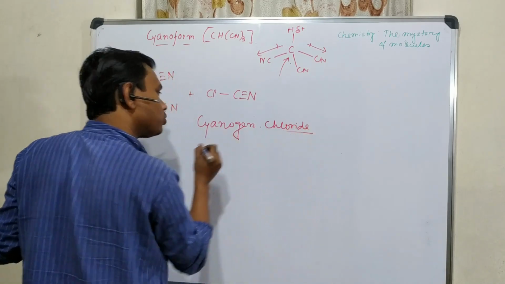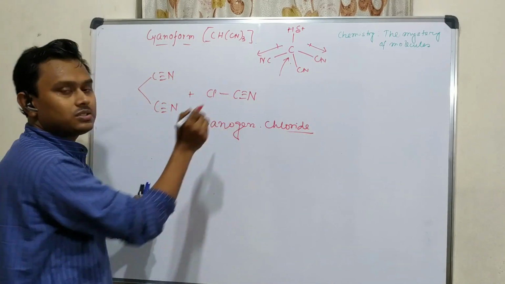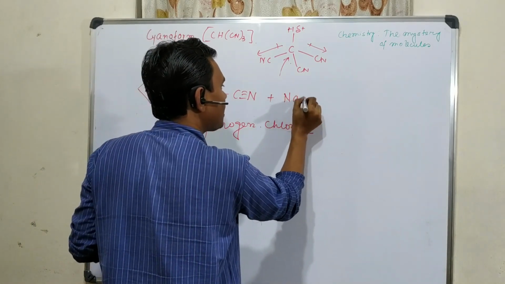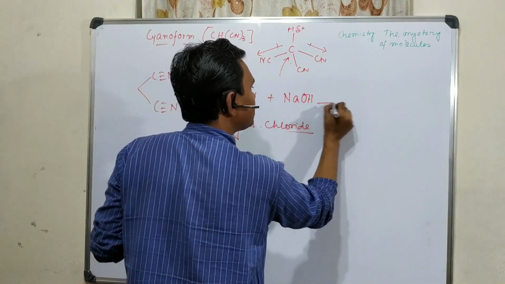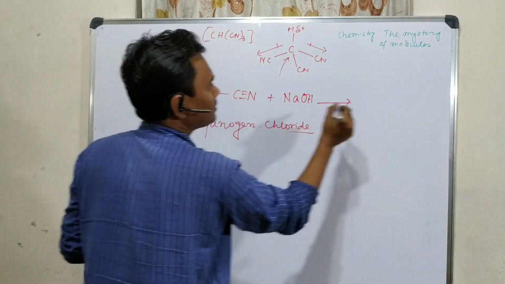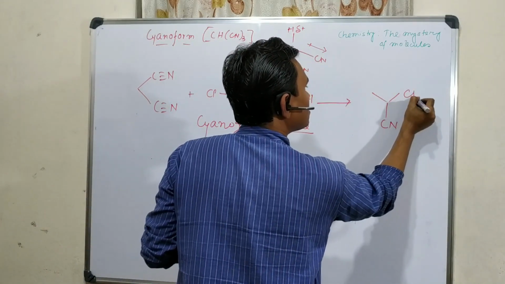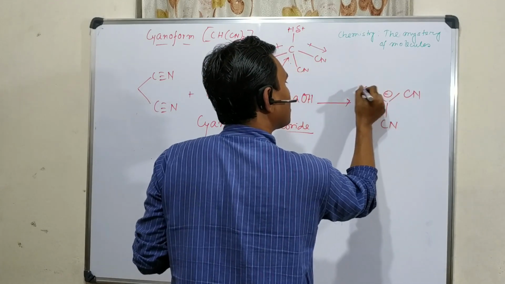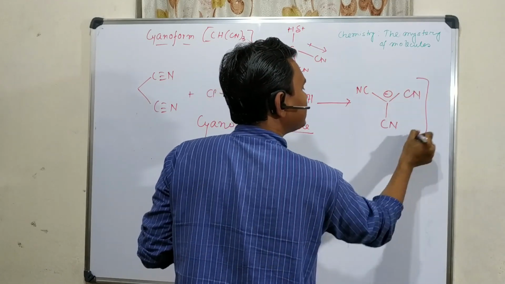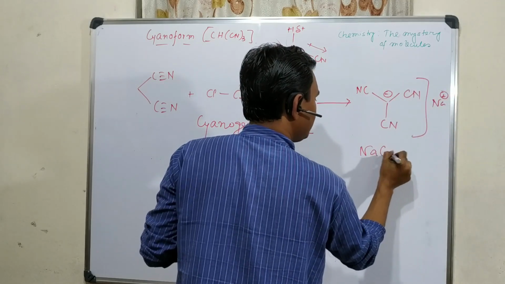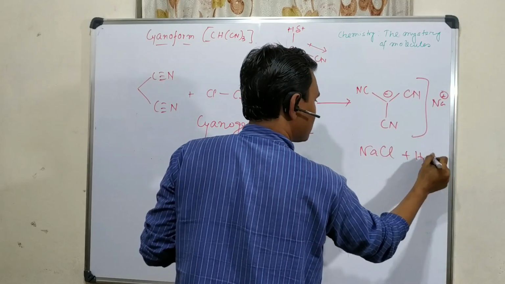Similarly, cyanogen bromide is also available, where this chlorine is replaced by bromine. In presence of NaOH, it produces this sodium salt, minus Na plus, sodium chloride plus water.